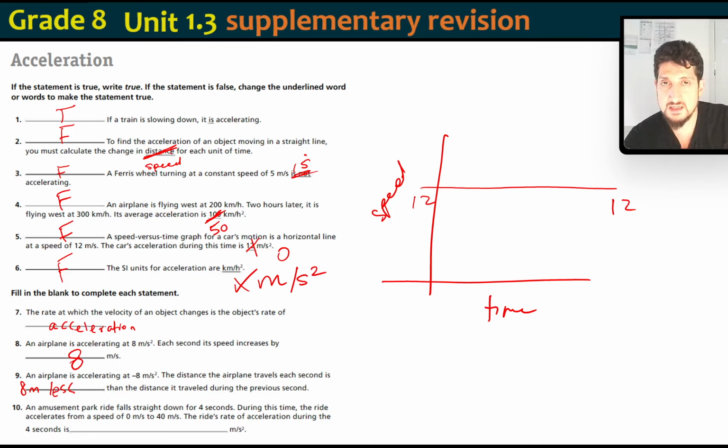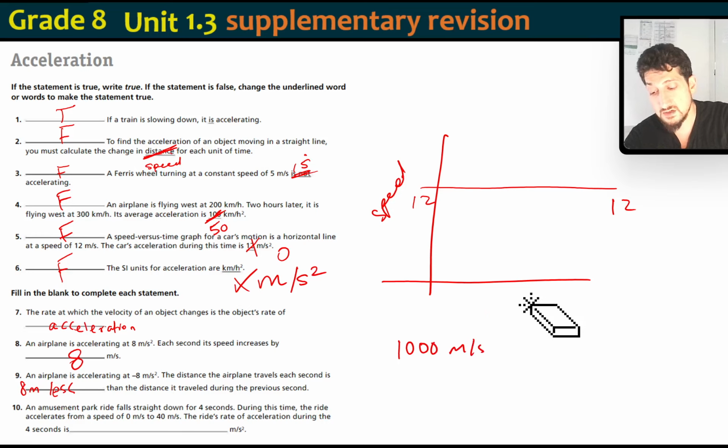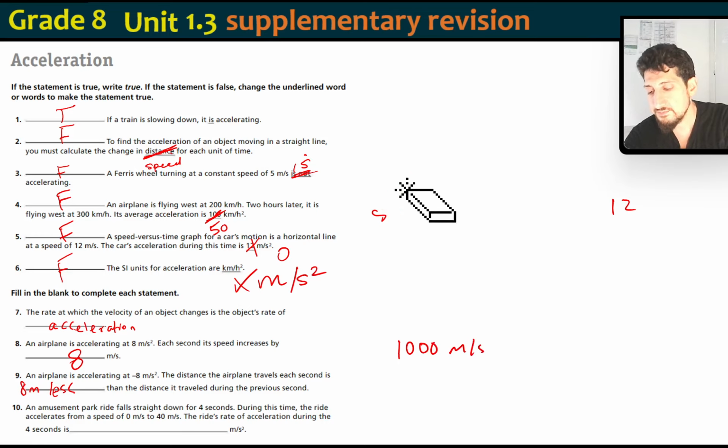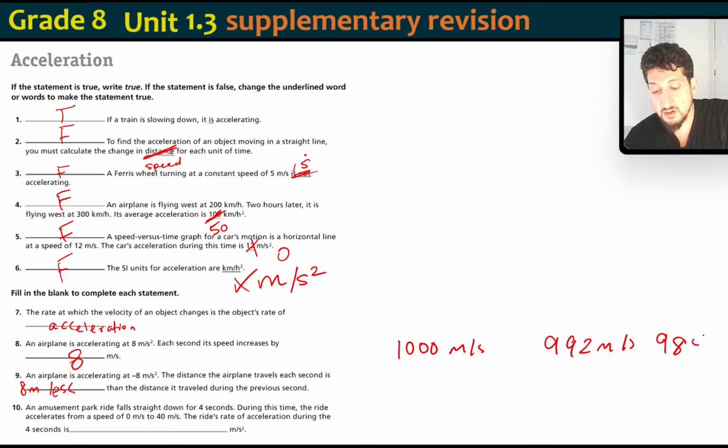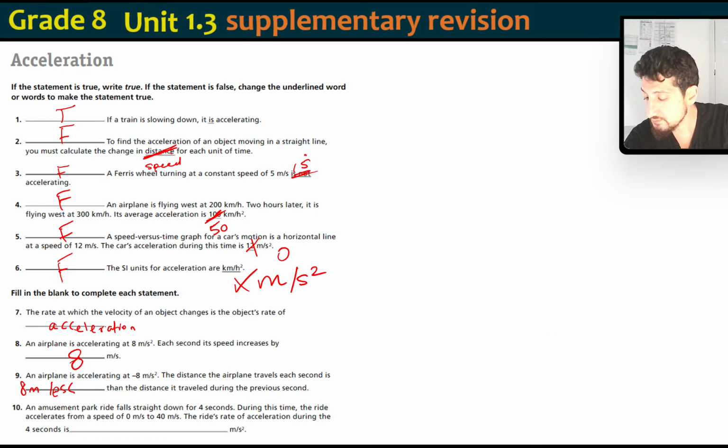So if the plane starts at 1,000 meters per second, which is very, very fast, then after 1 second, it would be traveling at 992 meters per second. After 2 seconds, it would be traveling at 984 meters per second, and so on and so forth. Okay? That's what that means.